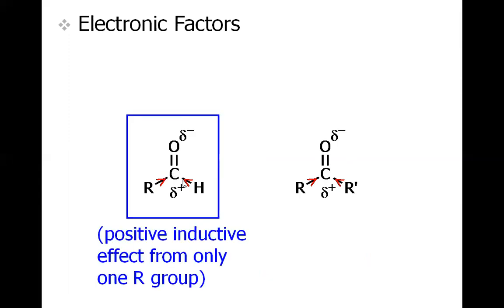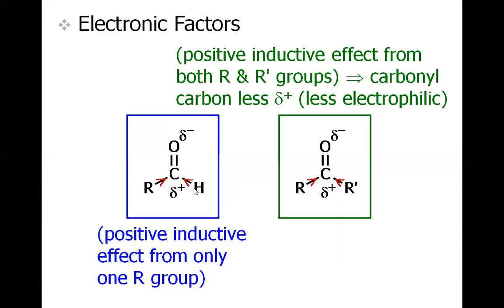In the aldehyde, this positive inductive effect, which is called the electron releasing effect, is just because of one side chain, not because of the hydrogen. But in the case of ketone, we have both R and R prime groups showing the positive inductive effect. So this will make the carbonyl carbon less electrophilic.